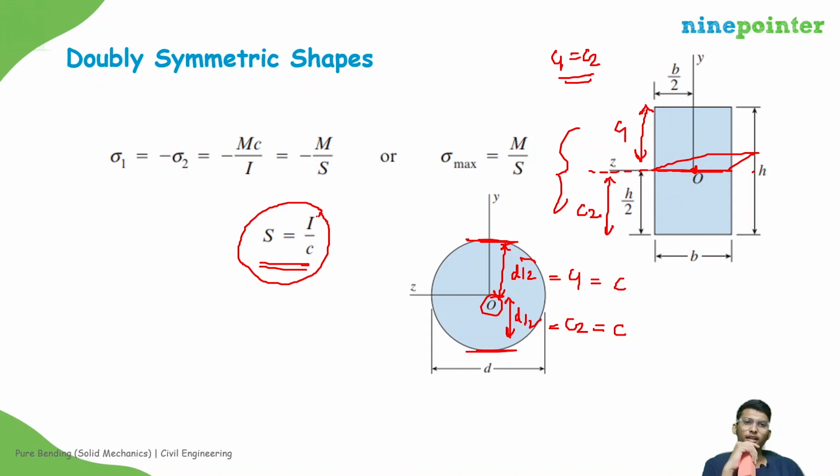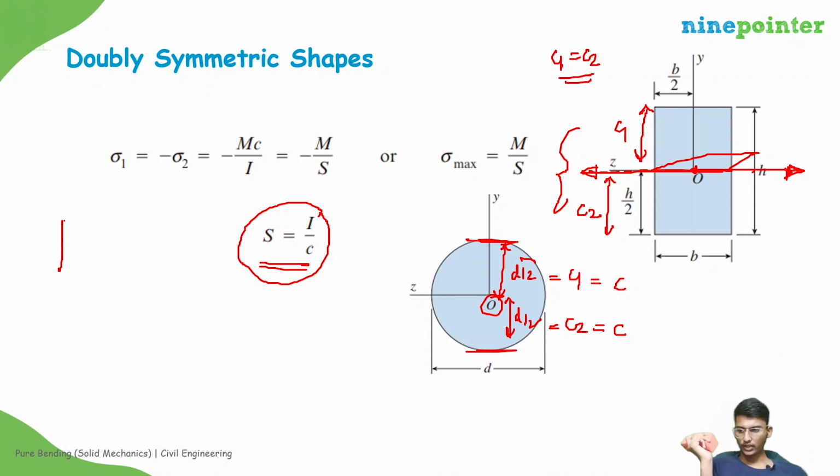Before going ahead, we need to understand the values of area moment of inertia for different shapes, okay. If you take this rectangular beam and you are applying load like this, then the axis about which you need to calculate I is this one, right? For this axis, what is the area moment of inertia?